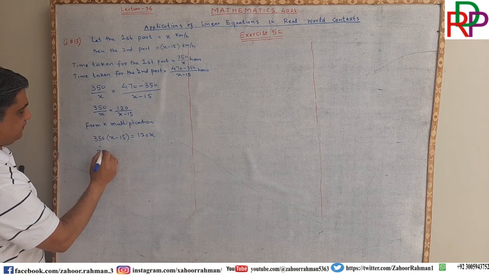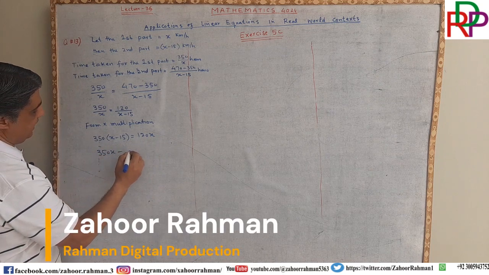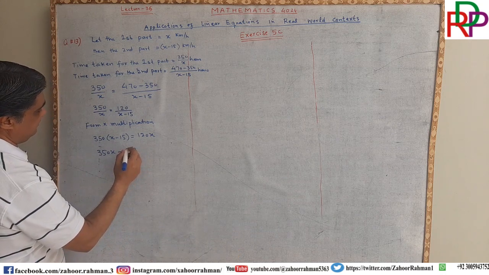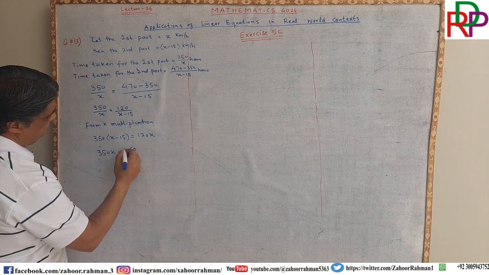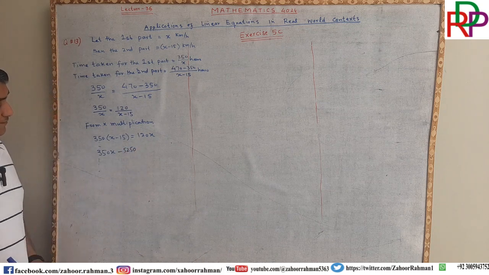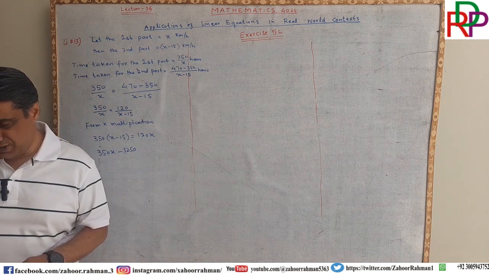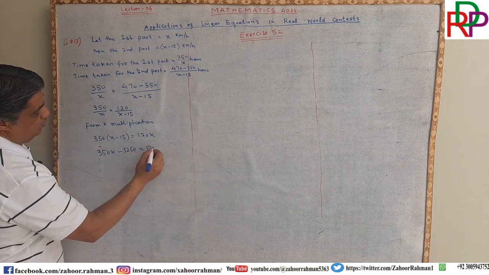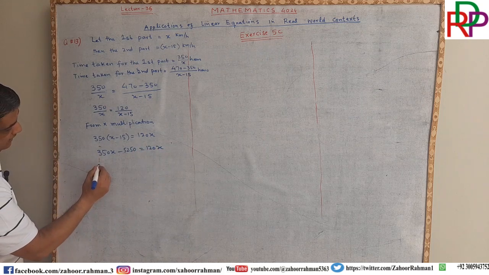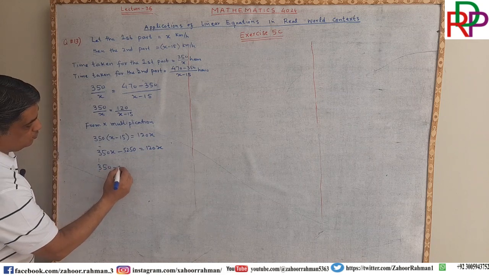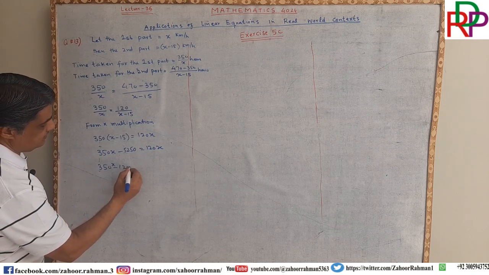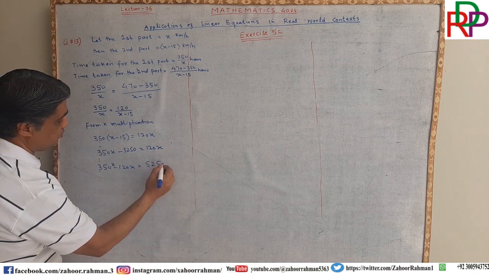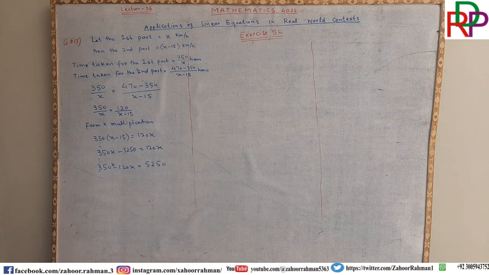So 350x minus 5250 is equal to 120x. Now we have to bring 120 to this side and will shift the constant 5250 to the other side.